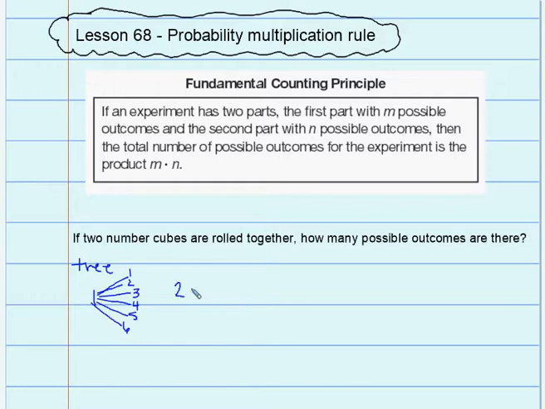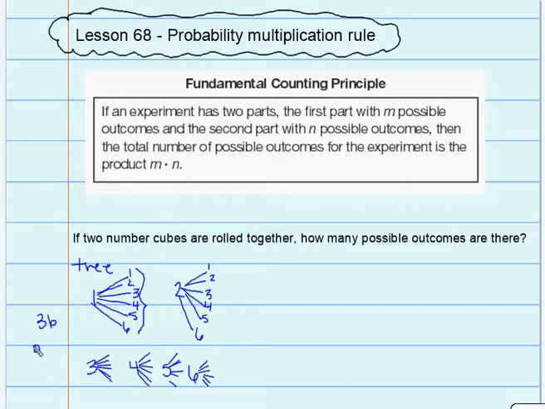And I could get a 2 on the first one, so I could get a 1, a 2, a 3, a 4, a 5, or a 6, and you can keep going with a 3 and a 4 and a 5 and a 6. But each time you do that, how many outcomes are there? There are 6. So I know that if I make the tree diagram, there's going to be 6 times 6, which is 36 outcomes.